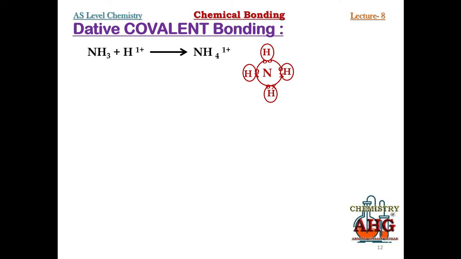As I told you, whenever a bond is having electrons of same type, either both dots or both cross, it means that is dative covalent bond. But if a bond has one dot and one cross, it is simple covalent bond. So this is the structure of ammonium ion, dot and cross diagram for ammonium ion.